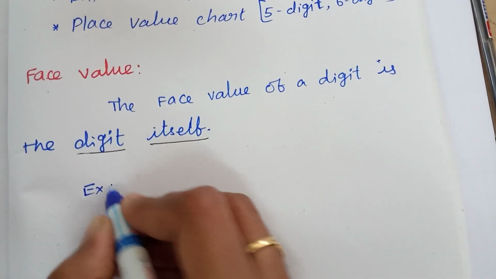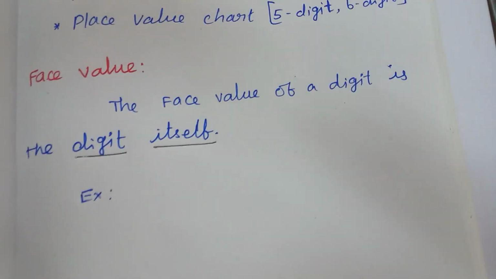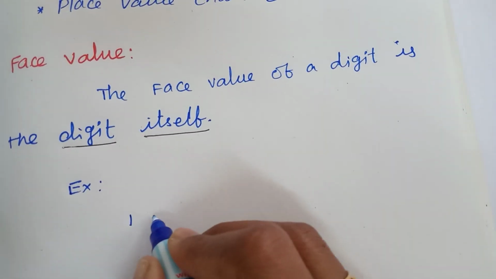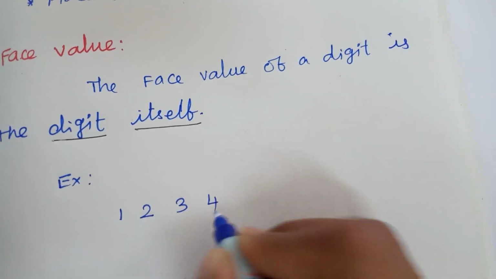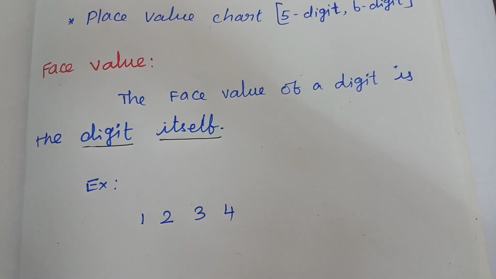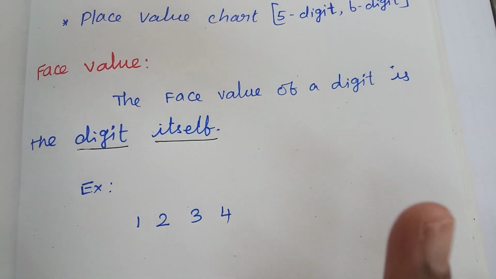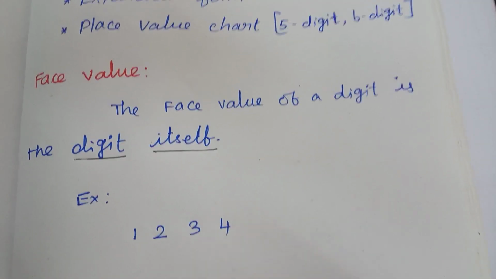Here I am going to take a 4-digit example: 1, 2, 3, 4. This is a 4-digit number because there are four digits.